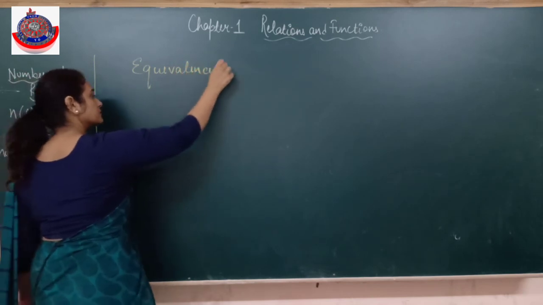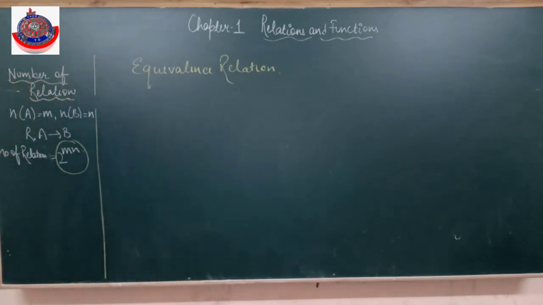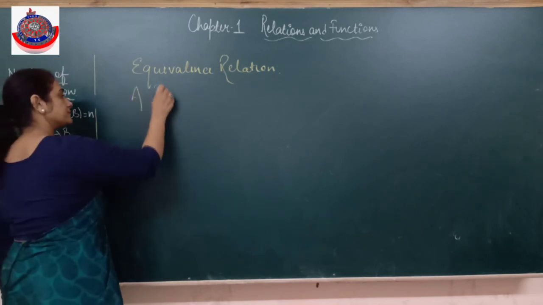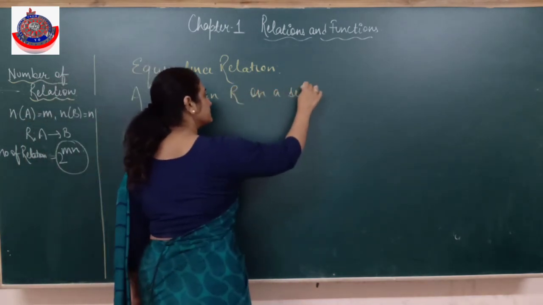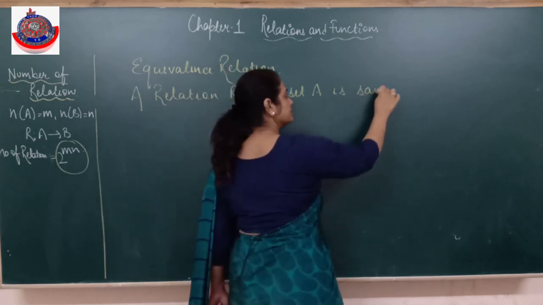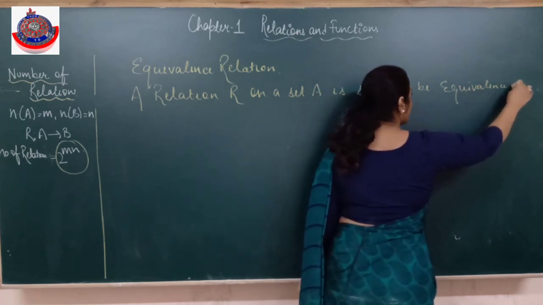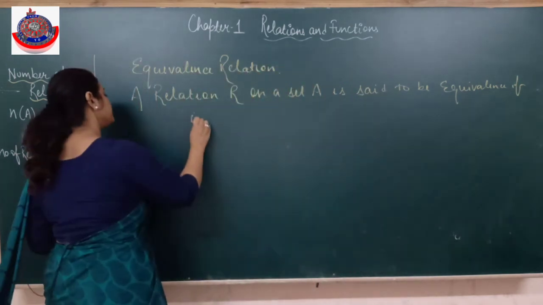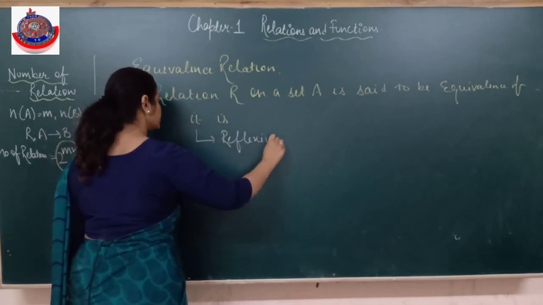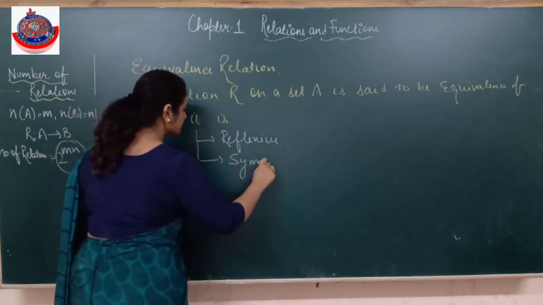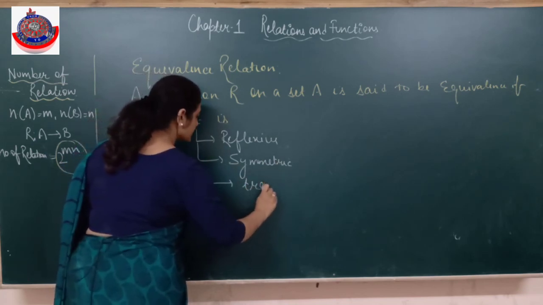Equivalence relation. Alright? A relation R on a set A is said to be equivalence if it is reflexive, symmetric, and transitive.